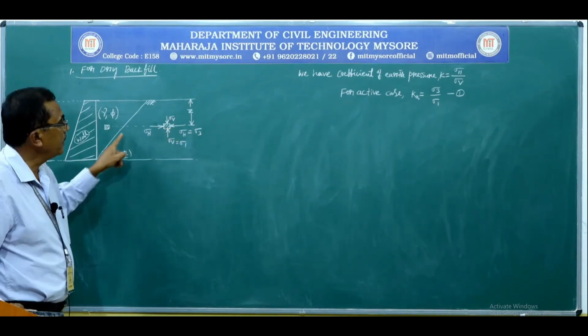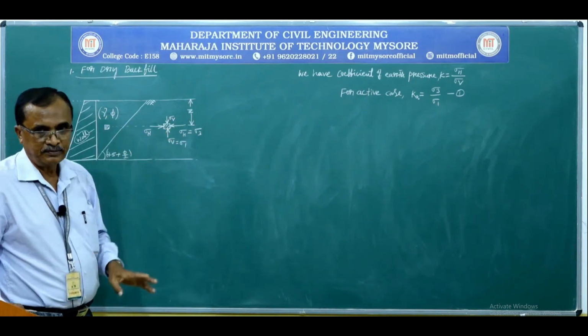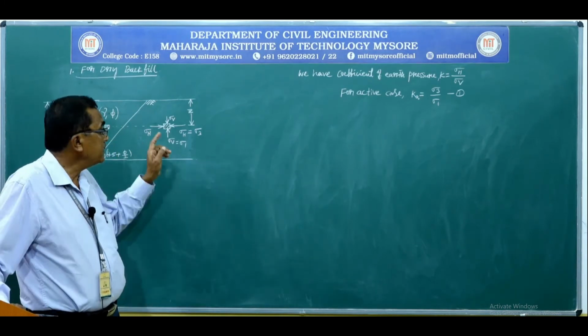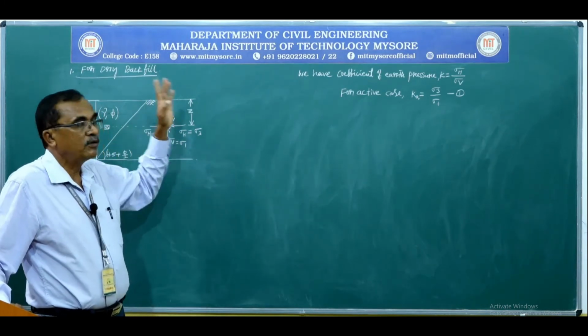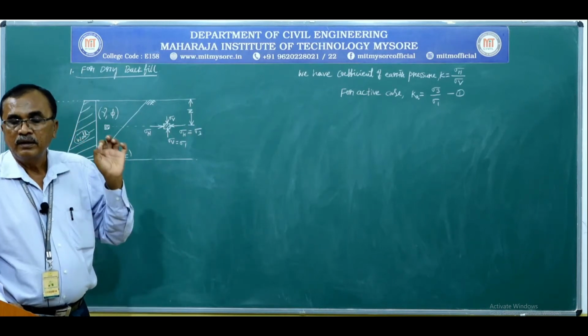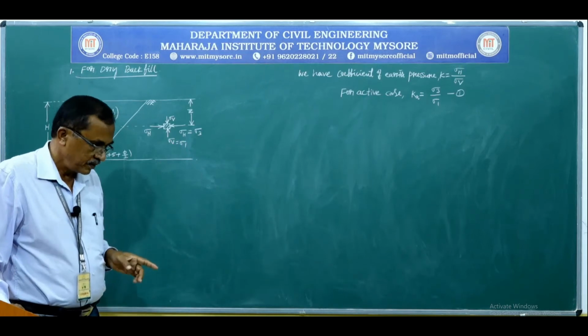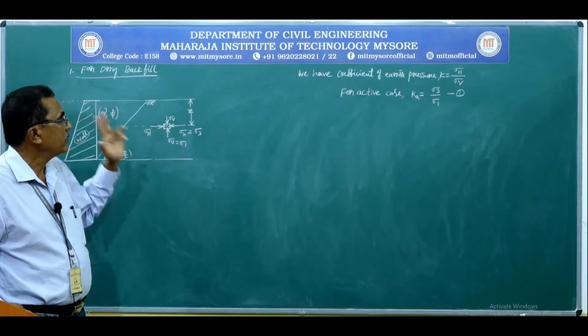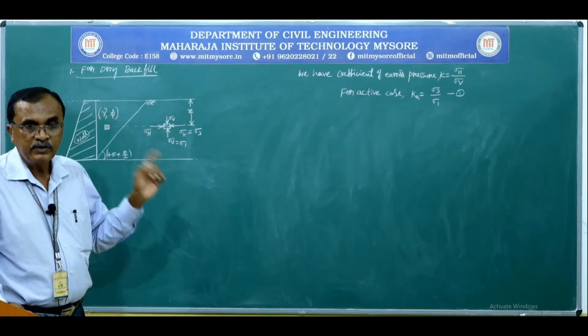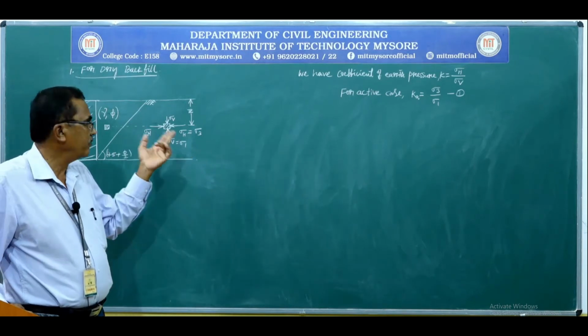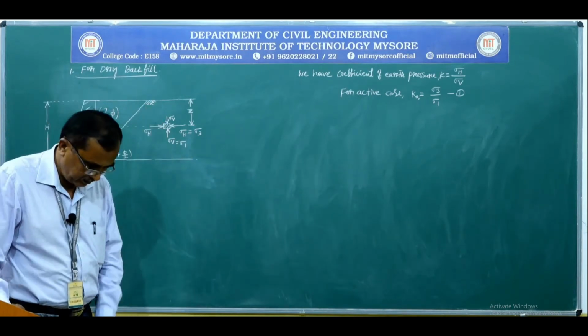And sigma h is nothing but lateral pressure. This sigma h is not equal to the vertical stress sigma v, but it relates to the vertical stress. Sigma h is related to sigma v, but it is not equal to sigma v.